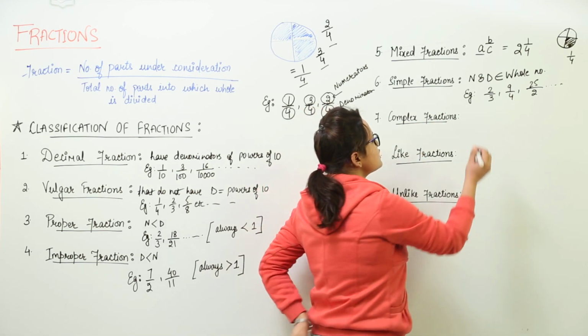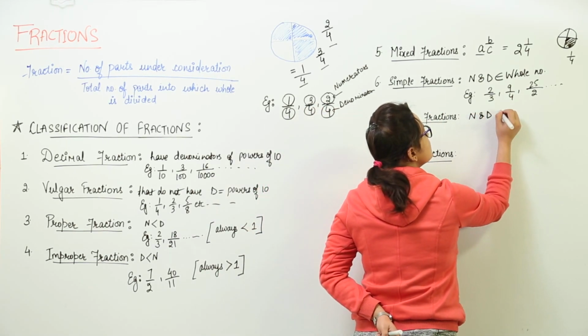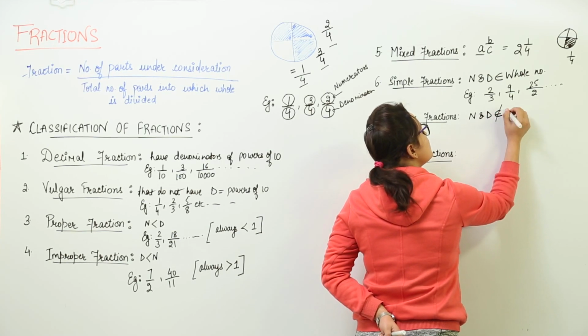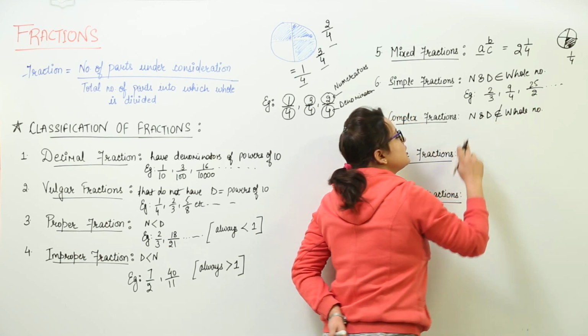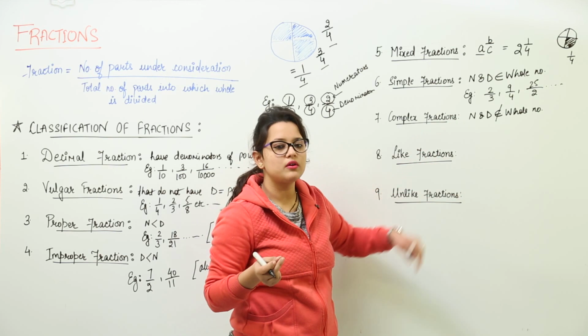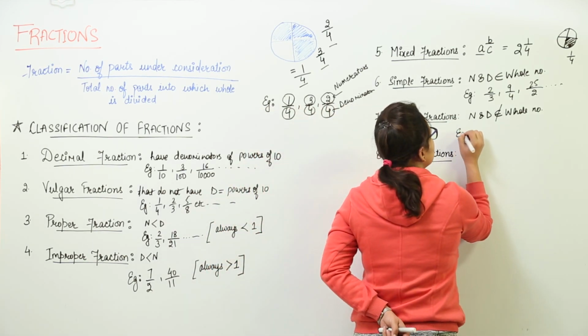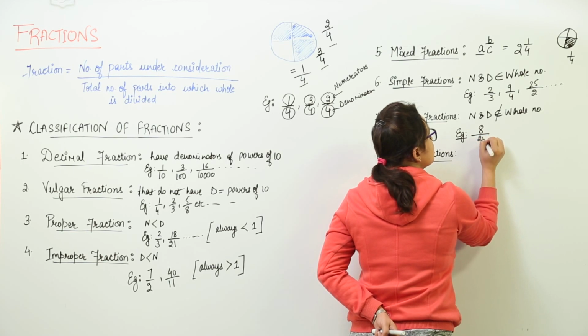Next we have the complex fractions. For complex fractions we will have the opposite, that is the numerator and denominator will not belong to whole numbers. Now it could be that a single one of them is not belonging or both of them might not belong. For example, let us take 8 upon 2 upon 3.